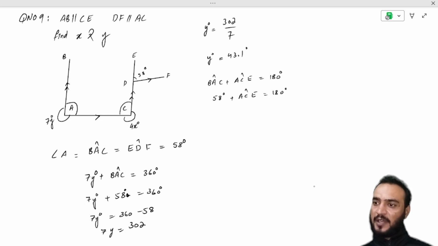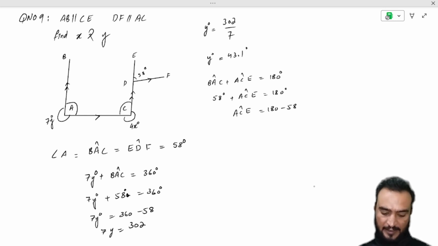So we subtract 58 from 180. ACE becomes 180 minus 58. If we subtract 58 from 180, we get 122 degrees. So hence the value of angle ACE is equal to 122 degrees.